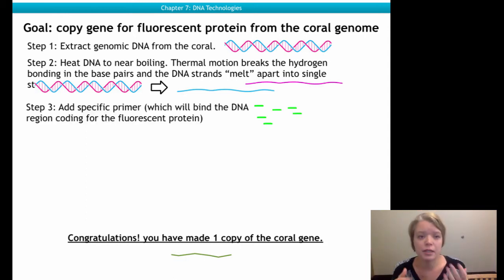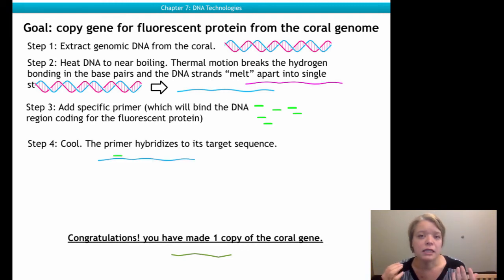Now the third step is to add a specific primer for the specific gene that you're interested in. So let's say you added a bunch of primers to your reaction. At the near boiling point, there's no possibility of forming hydrogen bonds. That is why your DNA molecules have melted apart.